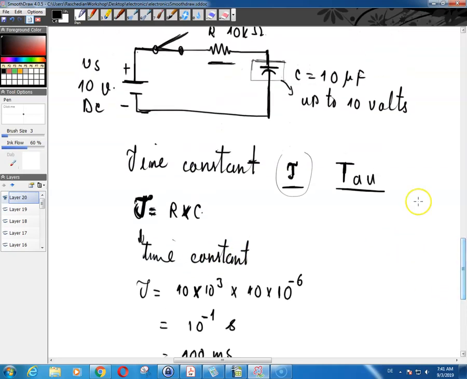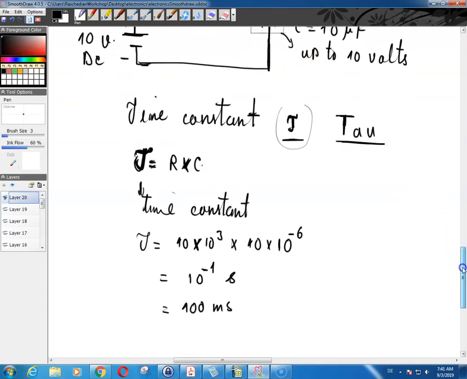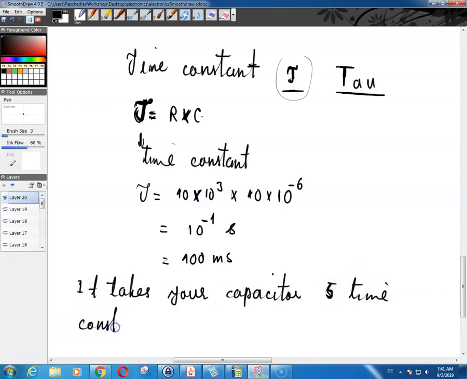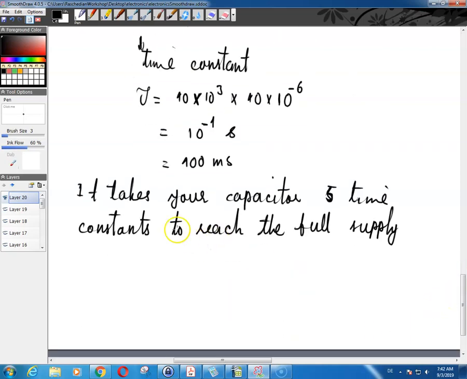To reach the full supply voltage, it takes your capacitor 5 time constants, meaning to charge fully.